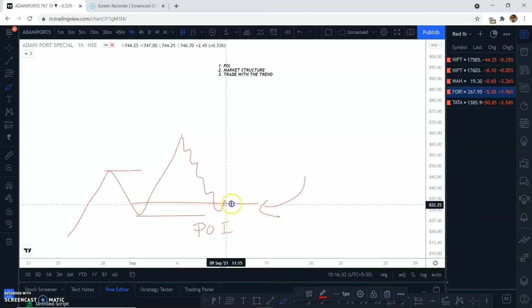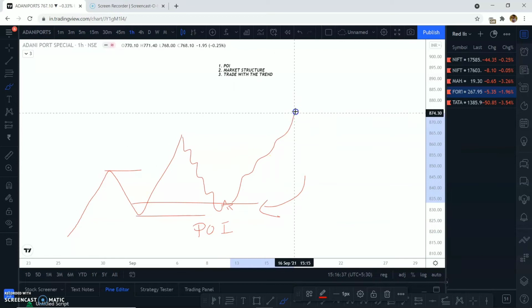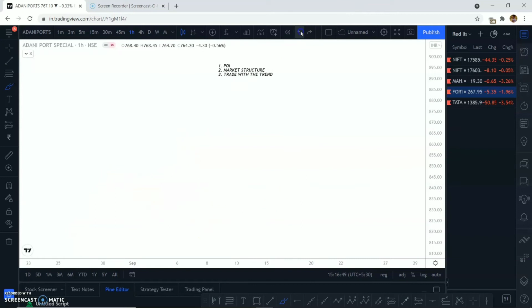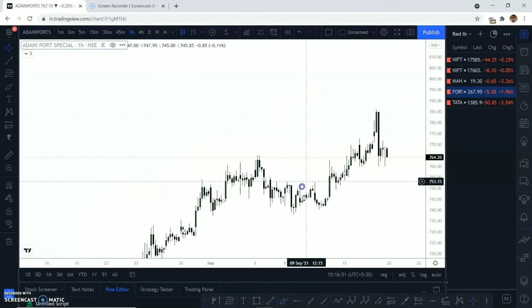Okay, so even if you enter on 1-minute time frame here or 5-minute time frame, you can hold the trades much higher if you are entering the trades for swing. Also, you can trade this in stocks, you can trade this on forex as well, and cryptocurrencies as well.